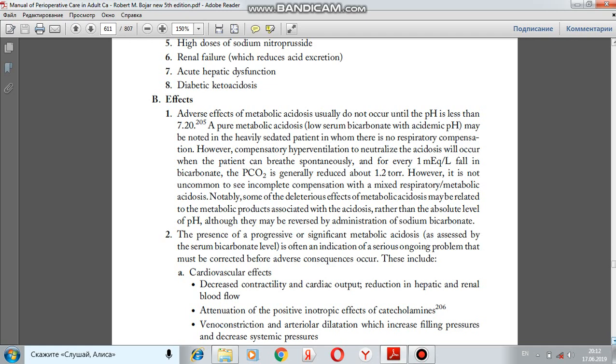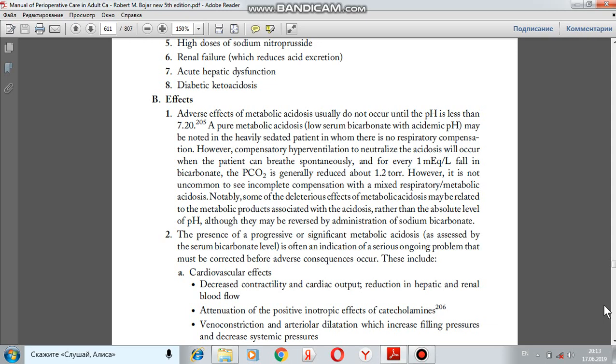However, compensatory hyperventilation to neutralize the acidosis will occur when the patient can breathe spontaneously, and for every 1 milliequivalent per liter fall in bicarbonate, the partial pressure of carbon dioxide is generally reduced about 1-2 torr. However, it is not uncommon to see incomplete compensation with a mixed respiratory metabolic acidosis.